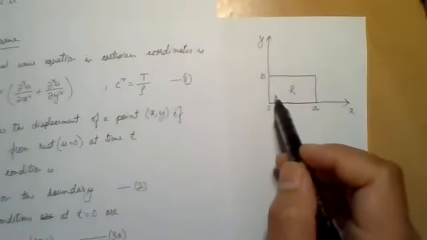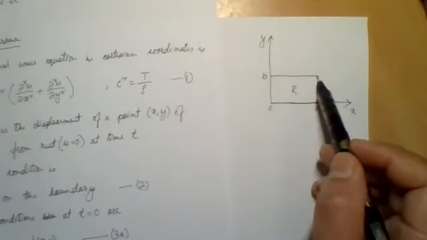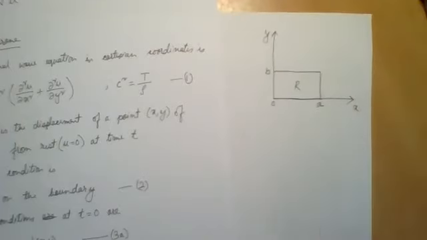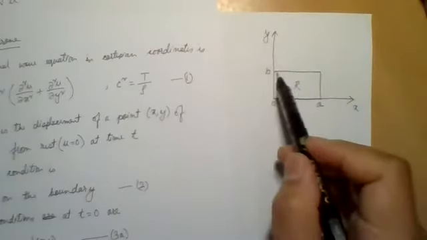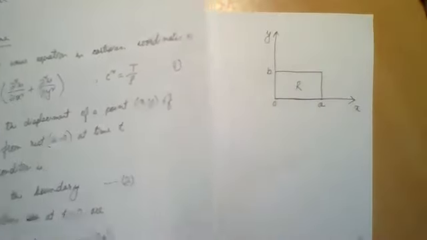The boundary condition says that the displacement along the four edges of the rectangle, the displacement along the four sides of a rectangle, is 0.